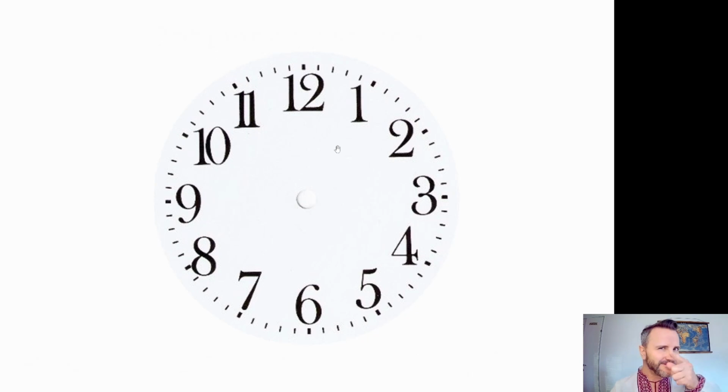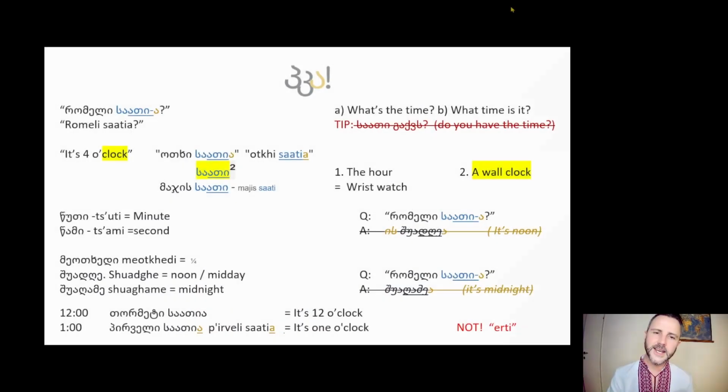Got it? Good. So slide 2 is just a recap of the vocabulary that I was using, starting with the question Romelisatia, which we decided was going to be what o'clock is it, and excluding what's the time, what time is it, and things like do you have the time, sati gaks, which sounds so strange.